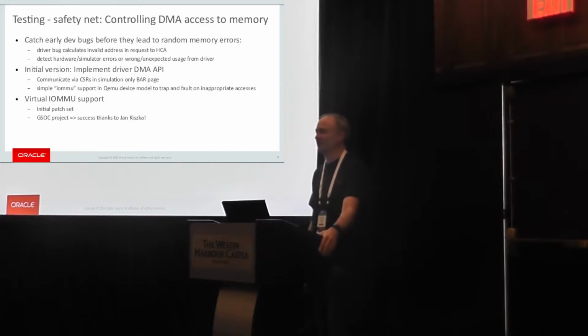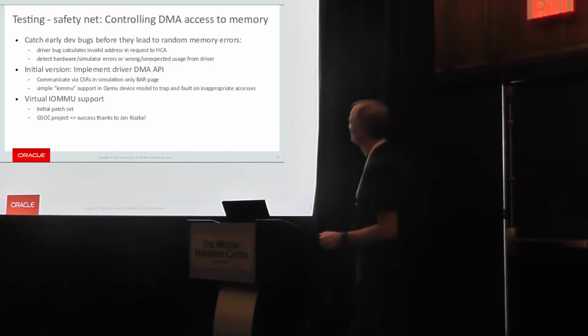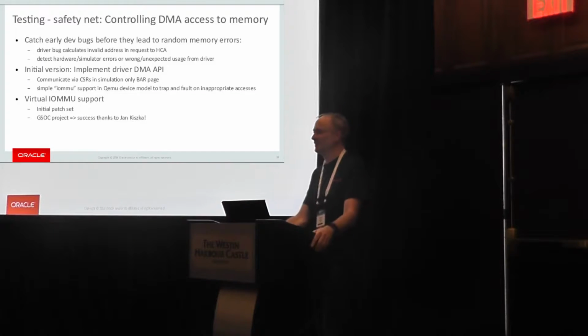So the first thing we really wanted to have in place was IOMMU support, so that we could trap all the accesses to memory that wasn't really set up to be communicated with by the device. We wanted as much control as possible there. Unfortunately, there wasn't any virtual IOMMU support available in QEMU.